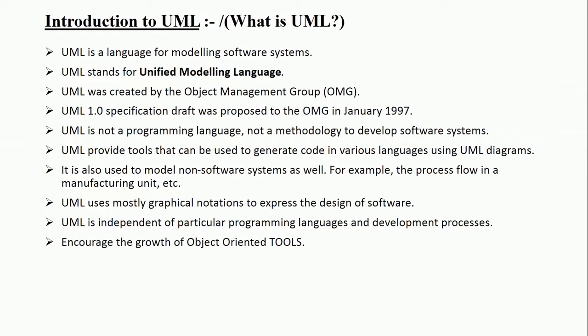UML offers a way to visualize a system's architectural blueprint in a diagram, including elements such as activities, individual components of the system, how the system will run, how the entities will interact with others, and what the external user interfaces are. So these are the design elements which will be used in UML.